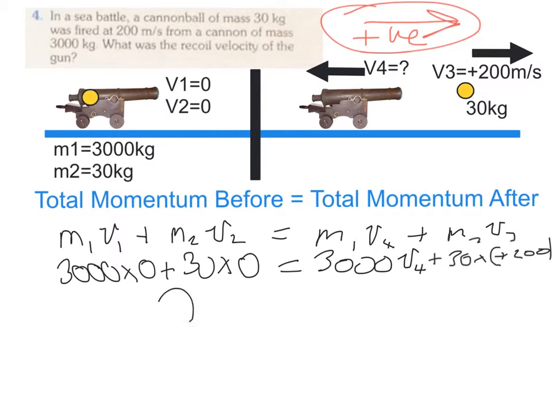So basically we've got 0 on this side, a big fat 0, because nothing was moving, equal to 3,000 v4 plus 30 times plus 200, which is 6,000.